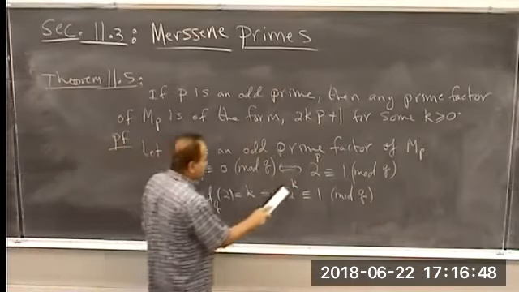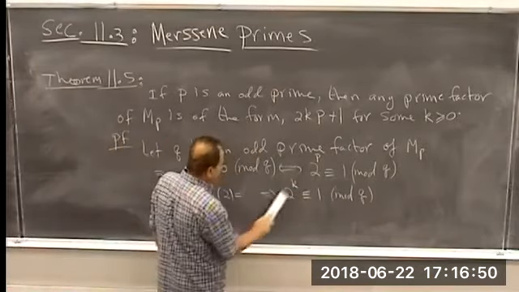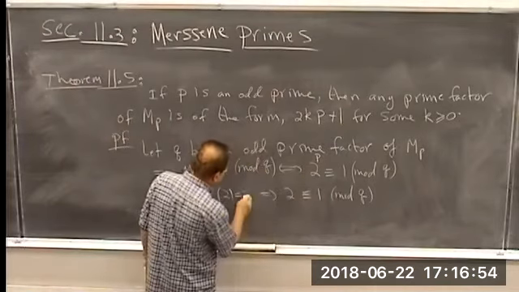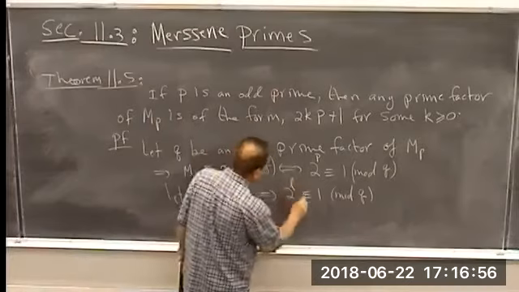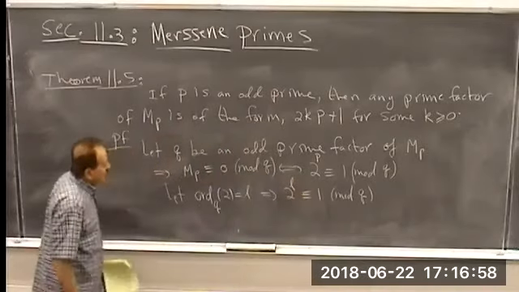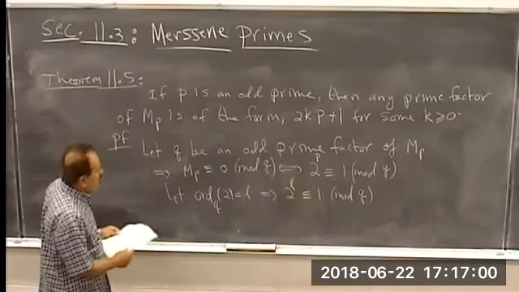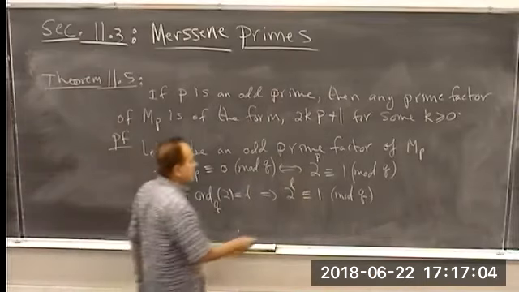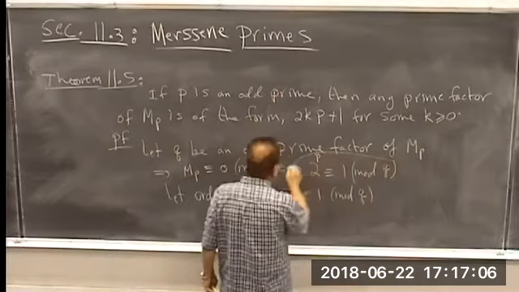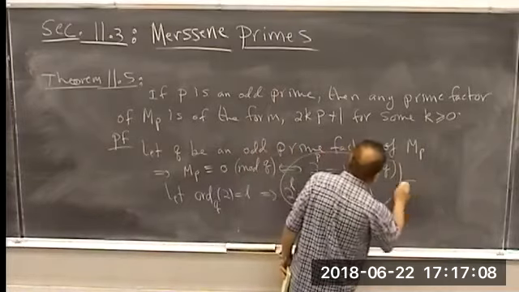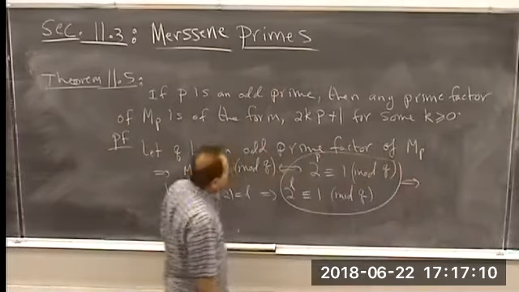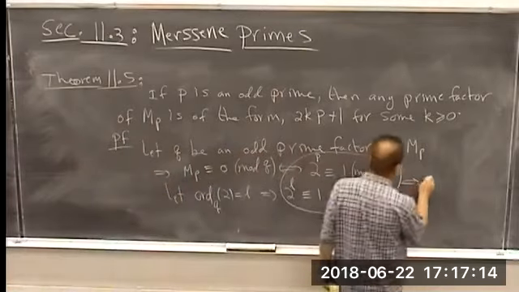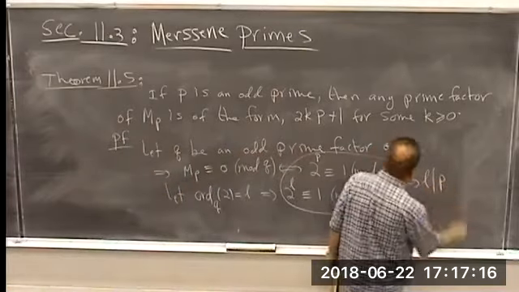Let me call it L, because K I'm using for something else. All right? So this is L. We have the following. Since these two congruences imply that L must divide P. L must divide P. All right?